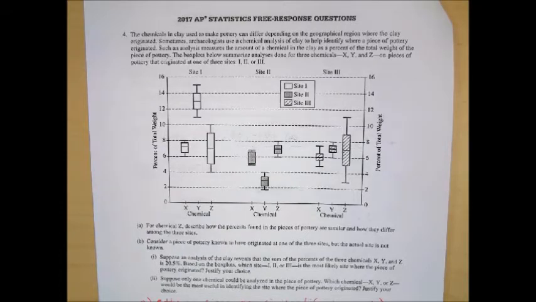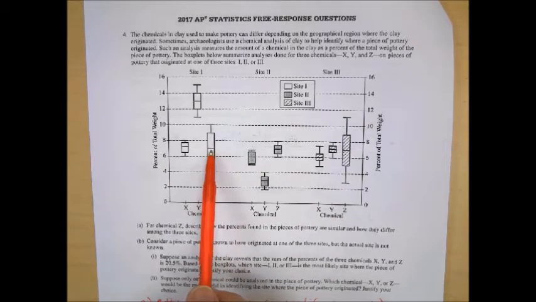Now, with all this information, they focused on chemical Z for question A. As far as chemical Z is concerned, there are similarities and there are differences at each site. What are some of the similarities and the differences?